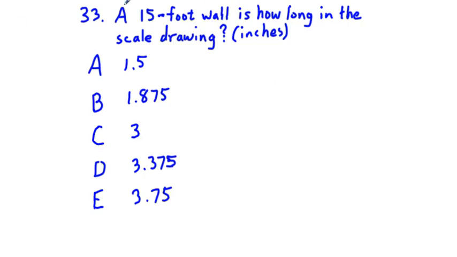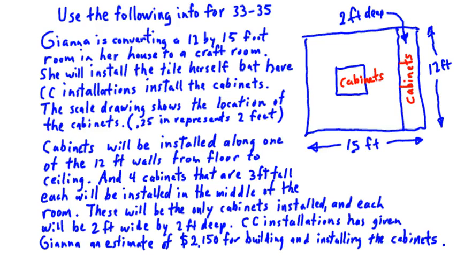And so right now you have a 15-foot wall, and the question is how long it is in the scale drawing, in inches. What is the only part of this that has anything to do with that? Well, it's going to be this conversion factor I'm now boxing in red.